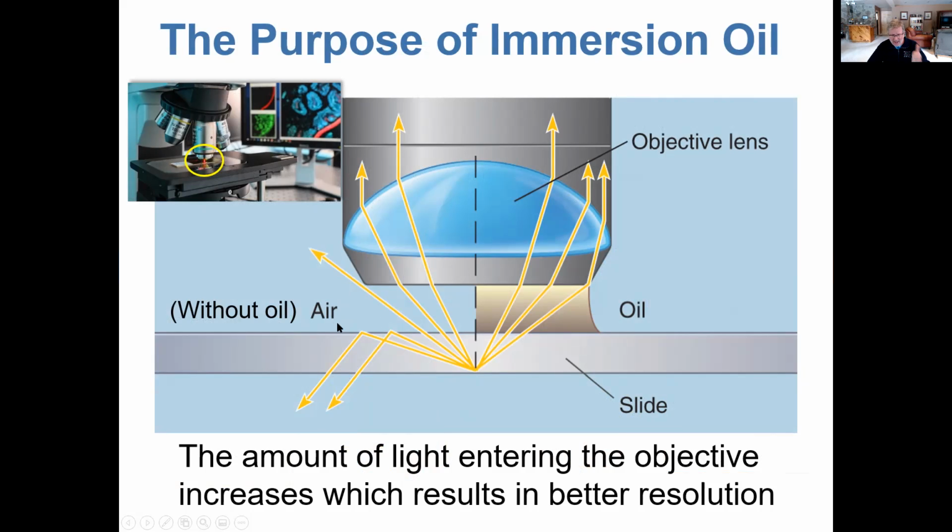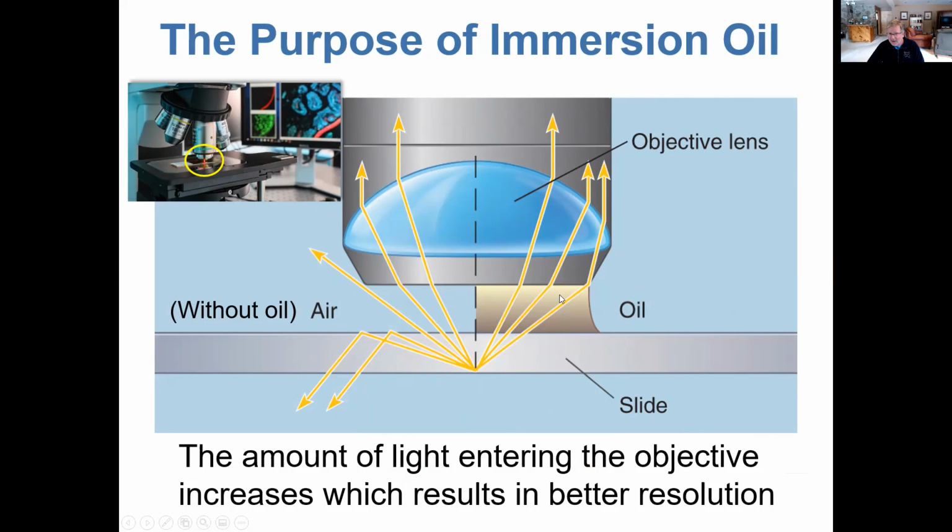So when you use the scanning objective, the low power and the high power, those three dry objectives, if you will, you do lose a considerable number of light rays, and therefore the resolution is not super great. It's not bad, but it's not as good as it could be if we used oil. So on the right-hand side of this slide, where we have now employed oil, theoretically, between the objective and the slide, notice what happens to those light rays that would ordinarily be refracted and diffracted off to the side and not up into the objective.